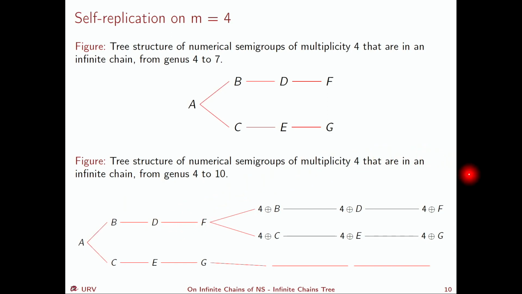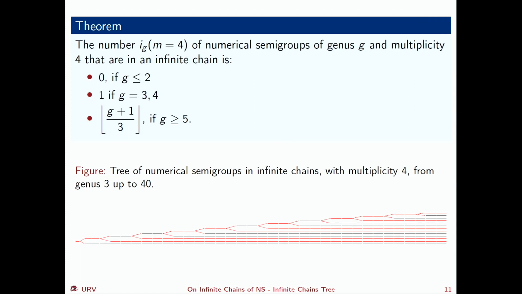And here, the push of F by 4 is equal to 2 times the push of A by 4. That way we can count the number of numerical semigroups in an infinite chain with genus g and multiplicity 4.